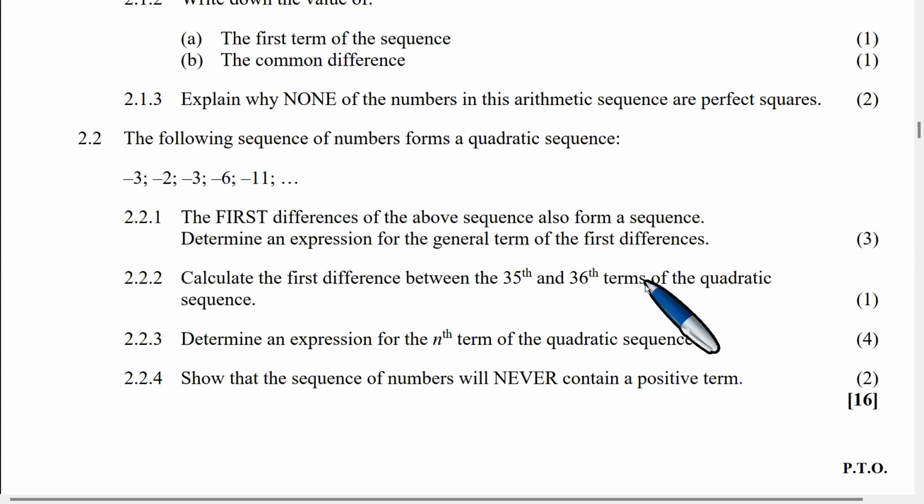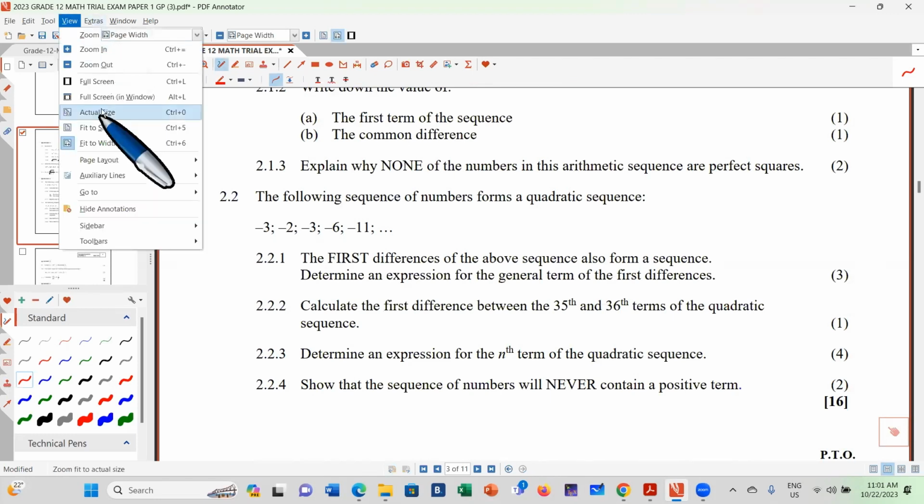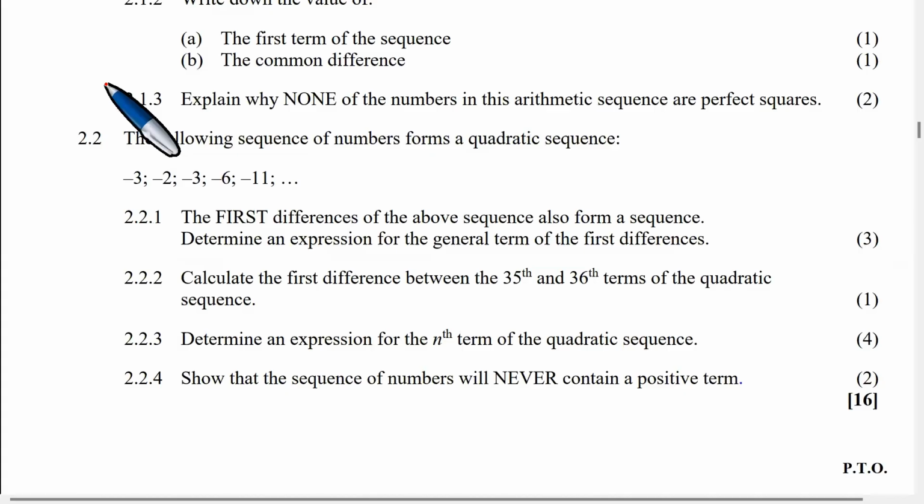So here we're dealing with a quadratic sequence, and we proceed as follows. The first differences of the above sequence also form a sequence. Determine an expression for the general term of the first differences.